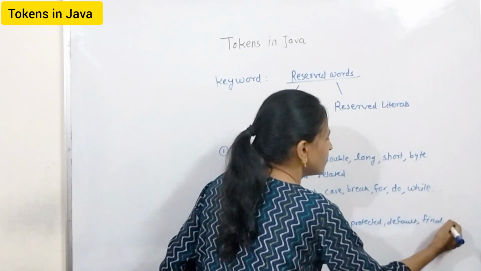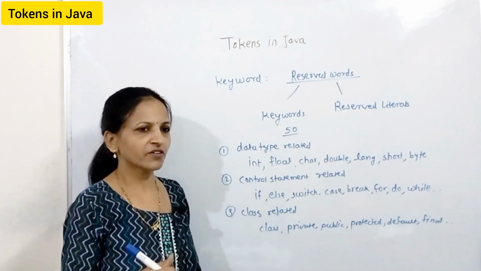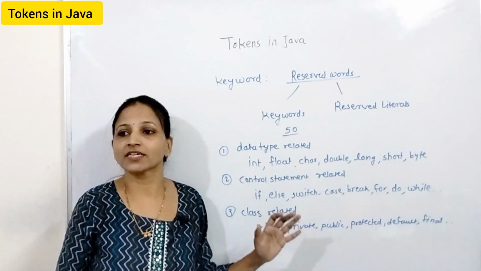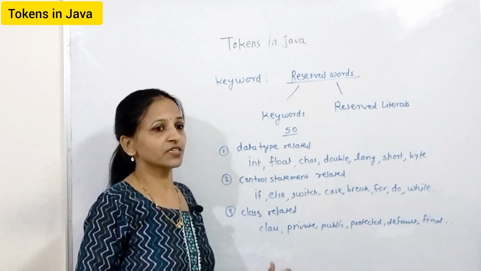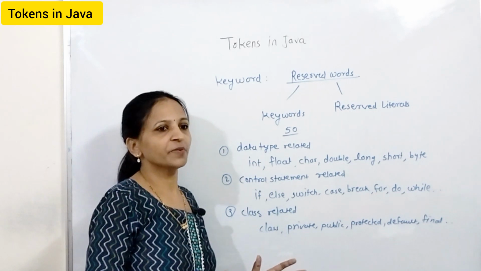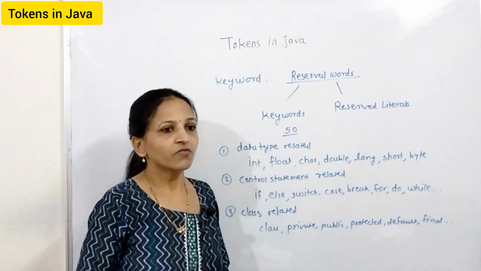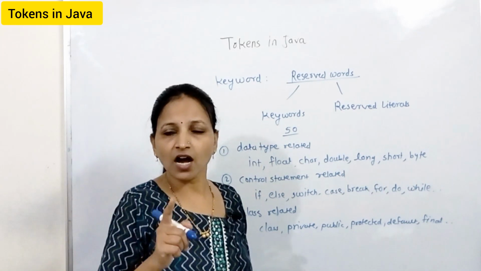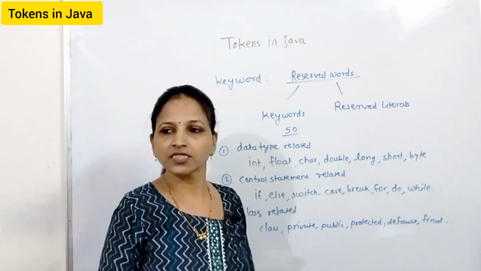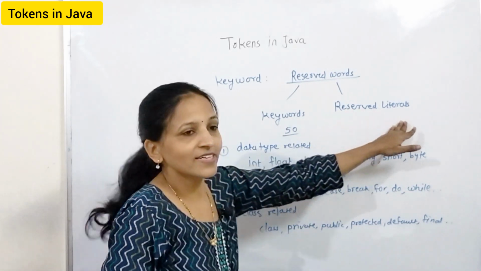Whenever we see the class and object concept, then you will get more idea about whatever class related keywords. These are just some examples of keywords. These keywords cannot be used for identifier purpose. Those have their own meaning, and for that specific purpose we have to use these keywords. One more point, all the keywords are always in small case letters. It is a compulsion.